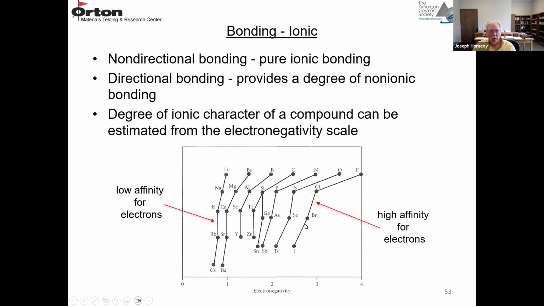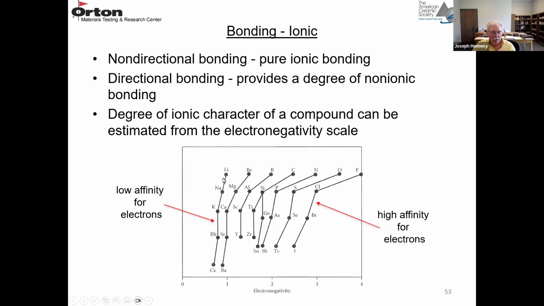So I showed a periodic table with the electronegativity numbers on it, but this is the electronegativity on the X scale here, going from 0 to 4. And then these are the atoms in their different columns. So lithium to cesium is the first column. So these are all less than 1.